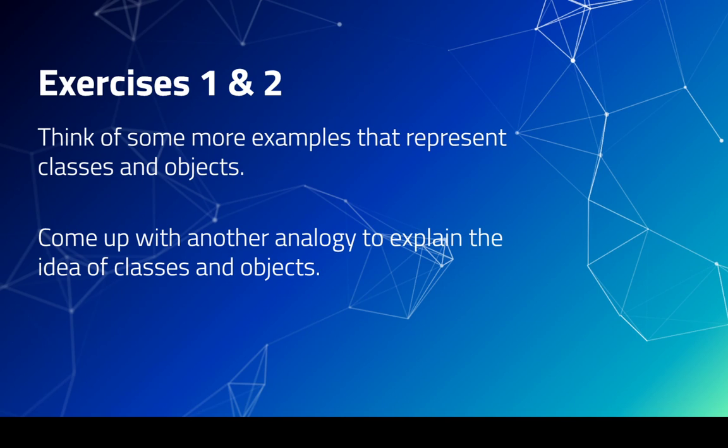Wait, those are kind of the same thing, but when I say another analogy, I mean try to come up with an example. For example, if you wanted to have a player class for some game you're making, right? What would you want to put there as instance variables or methods?